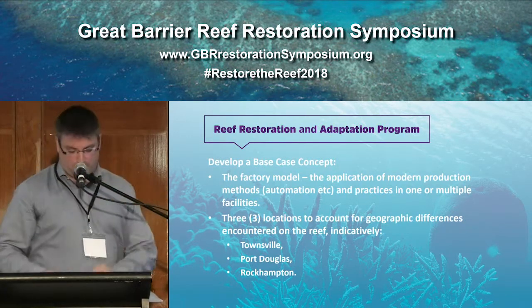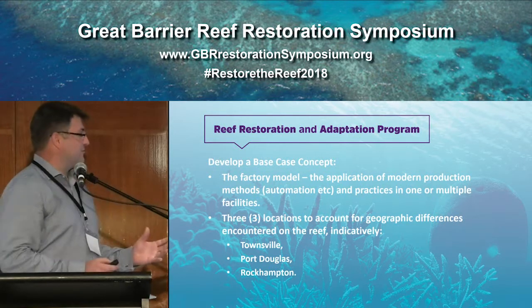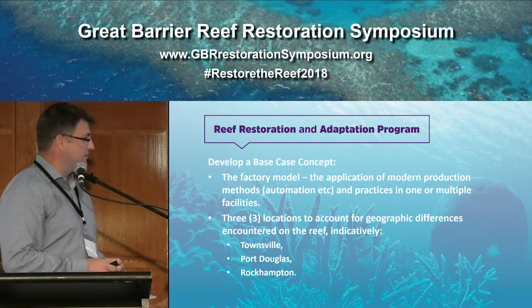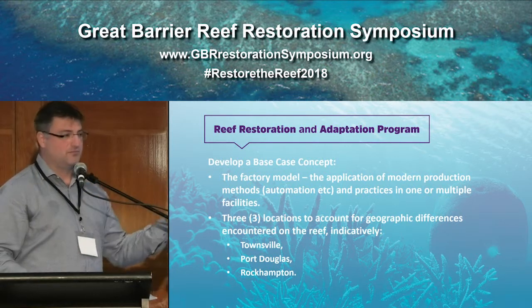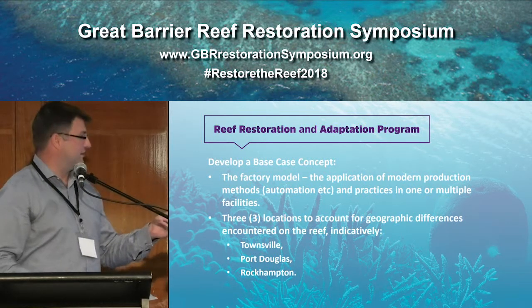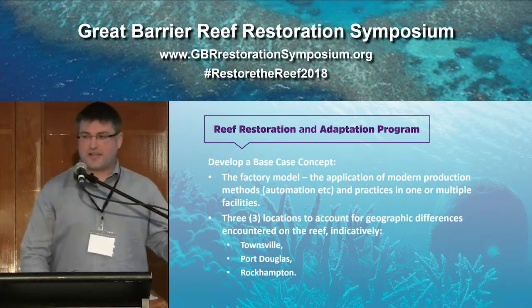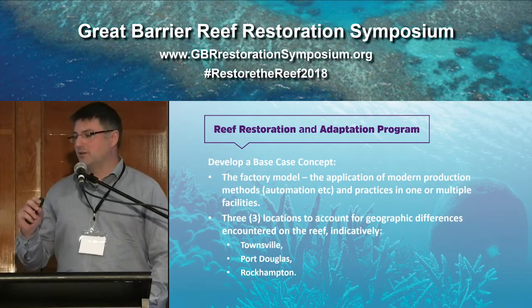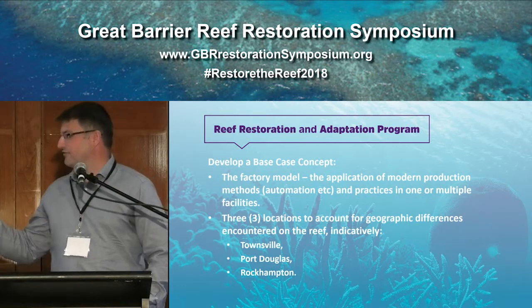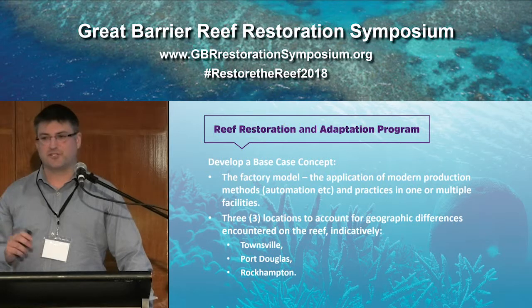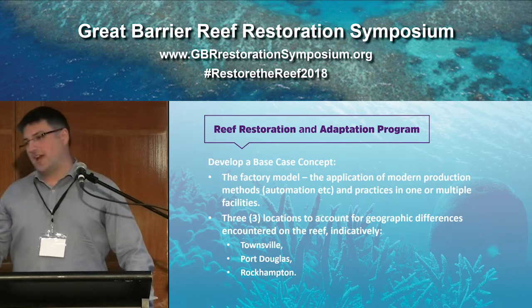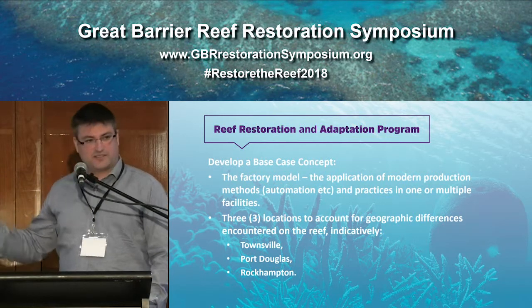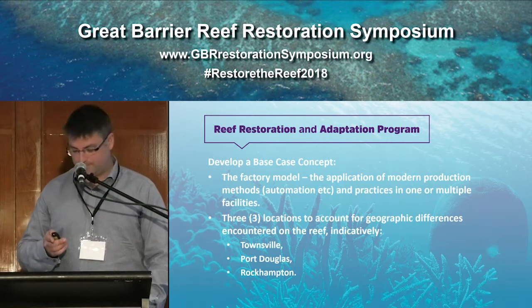Our scope was to develop a base case of a factory model that, using modern production methods and automation, could deliver a certain number of corals to the reef. And later on in the financial modelling aspect, it may be a distributed model, where we'd have sites in different parts of the reef, because we understand the potential differences when we deploy these things. And it might be for different strains of corals that are done in different facilities. So that's part of our study, but a later part of it.